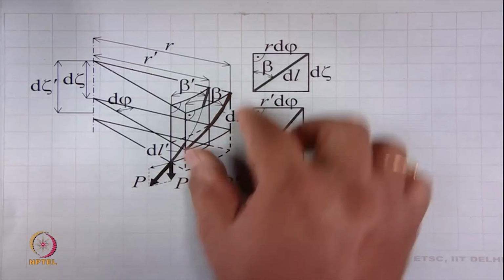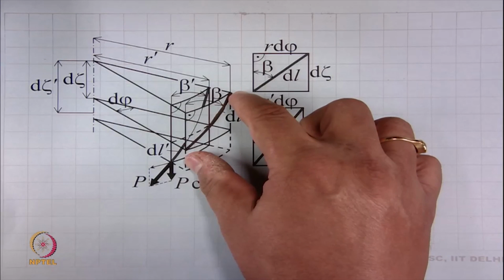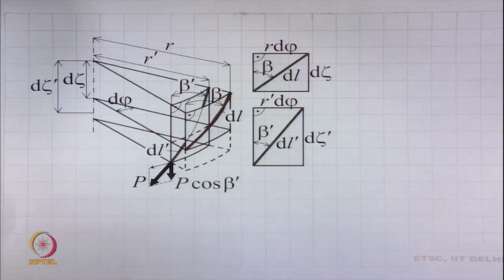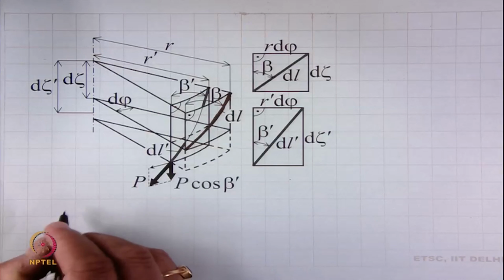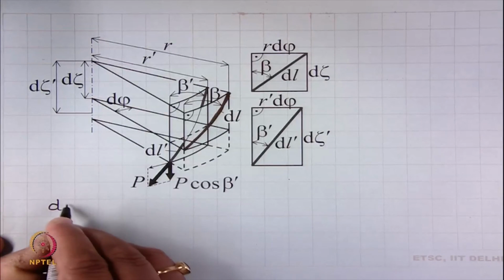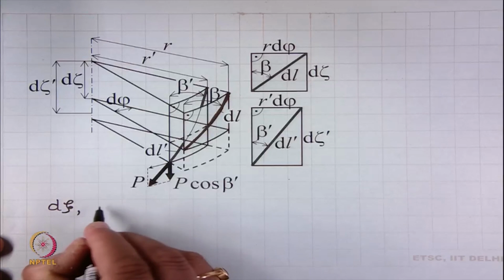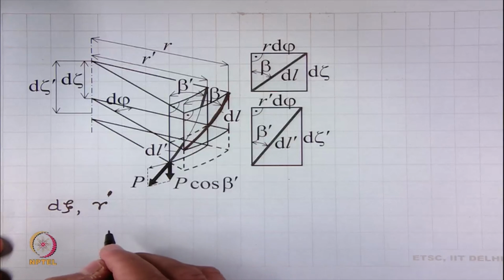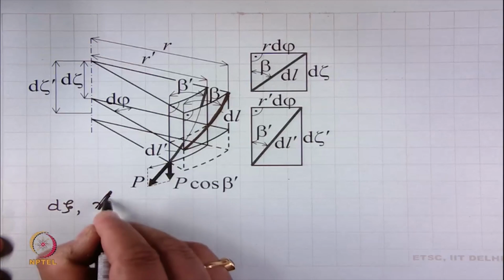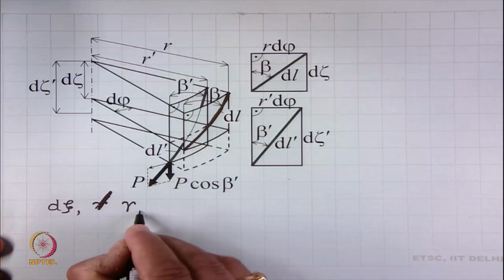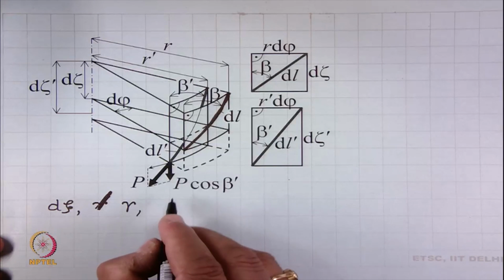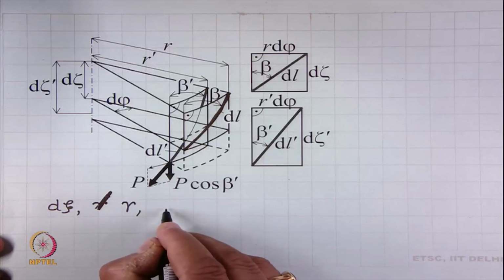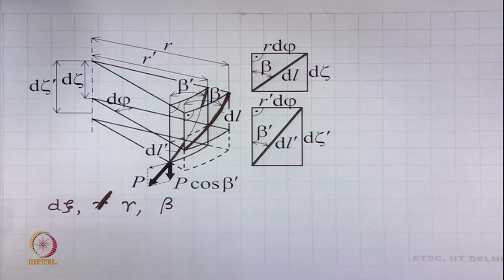So, this initial fiber element of length dl is characterized by three quantities. One is d zeta, second is r, and the third is the angle beta.